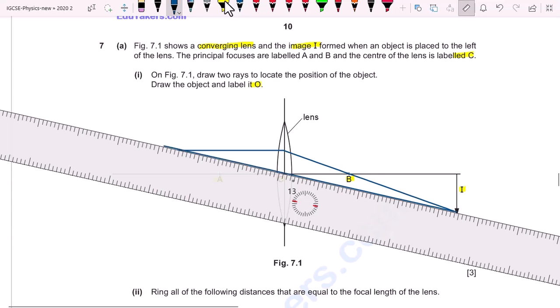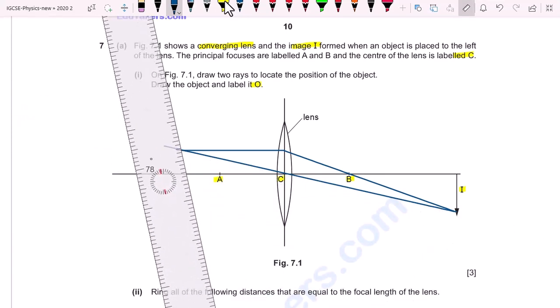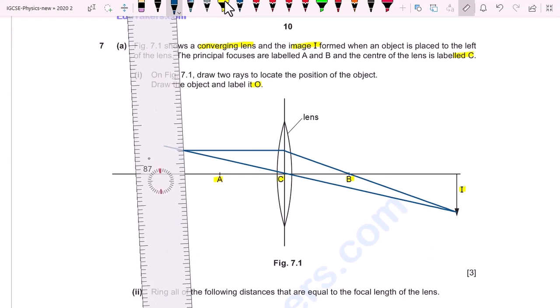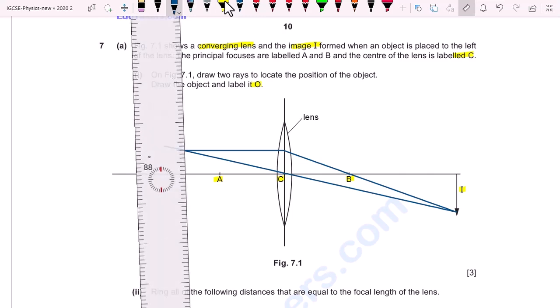Okay, so I draw these two rays and you can see that they meet at a point. Then I have to represent the object by an arrow, so I draw a straight line here.